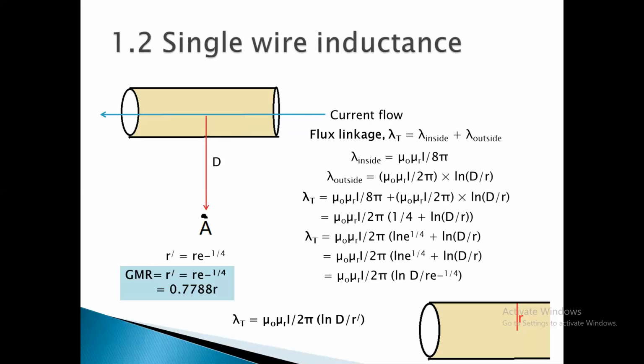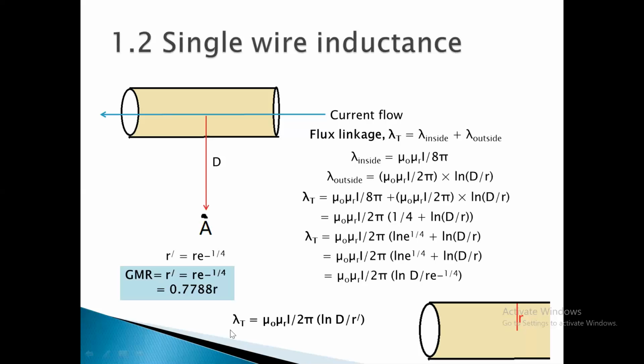So you will just put the value of radius here and multiply with 0.7788, and then put the value here. The distance will be given too. So you will put the value of distance and this, and then you will get the value of flux linkage. But we are going to find inductance. So I am converting this flux linkage value into inductance.